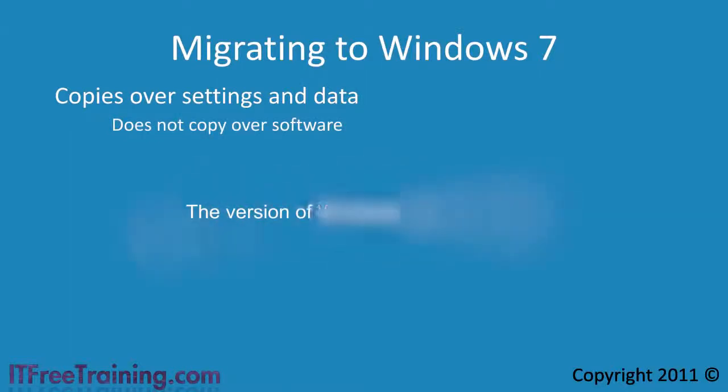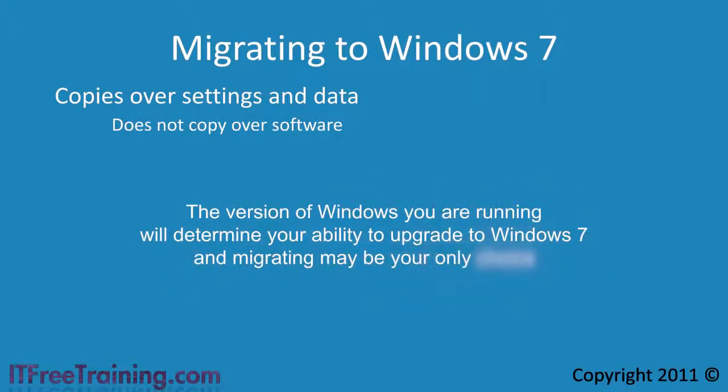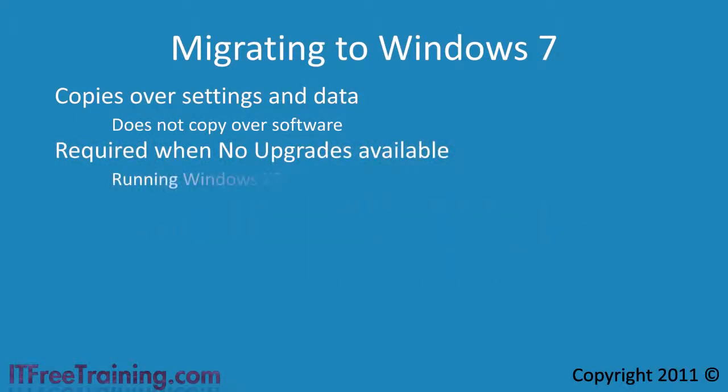The version of Windows you are running will determine your ability to upgrade to Windows 7, and migrating may be your only choice. For example, if you are running Windows XP, there are no upgrade paths available if you want to change from a 32-bit version of Windows to a 64-bit version of Windows.